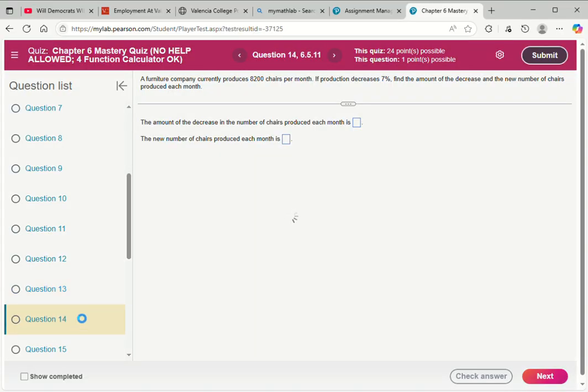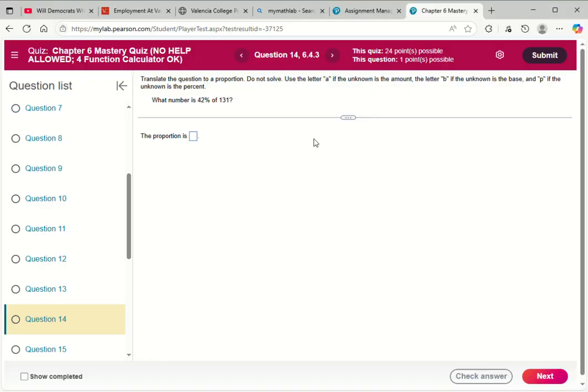Question number 14 says translate the question to a proportion. Do not solve. Use the letter A if the unknown is the amount, the letter B if the unknown is the base, and P if the unknown is the percent.